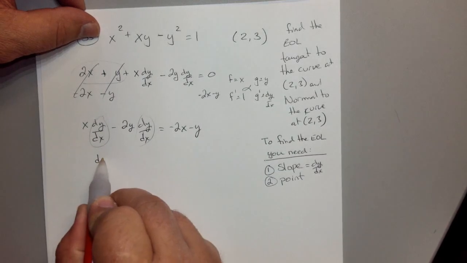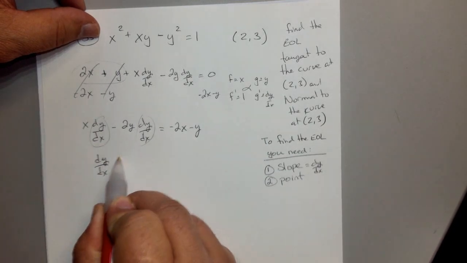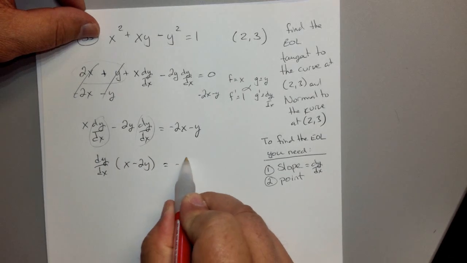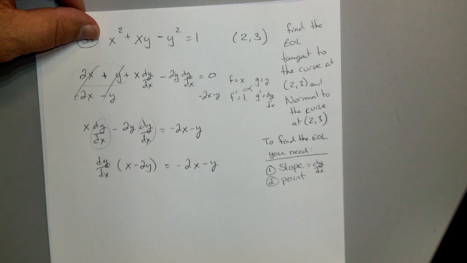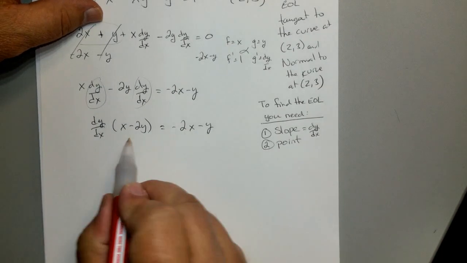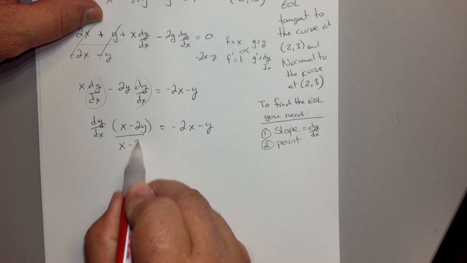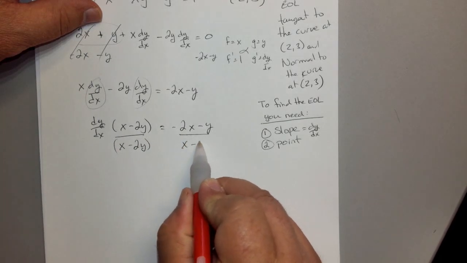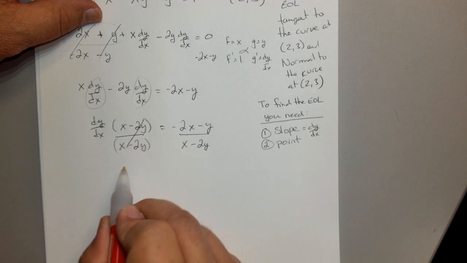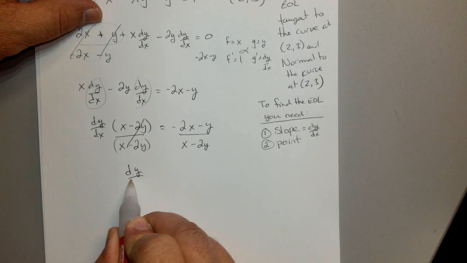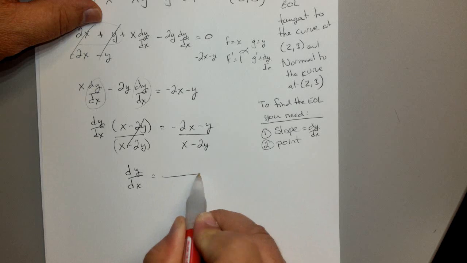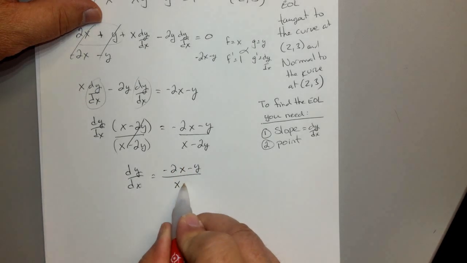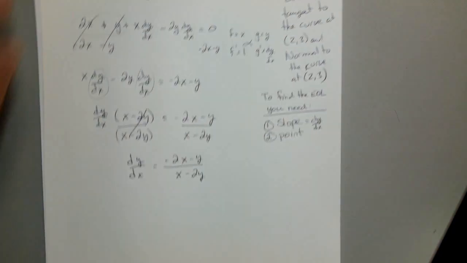Factor out the dy/dx: dy/dx times (x minus 2y) equals negative 2x minus y. Divide by x minus 2y. So our derivative is negative 2x minus y over x minus 2y.